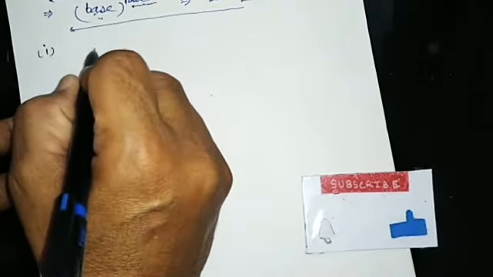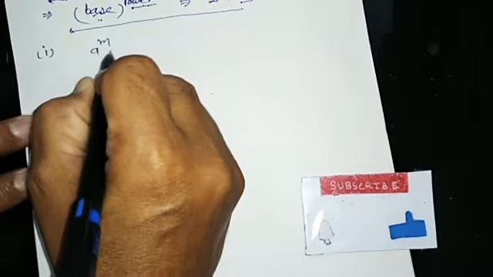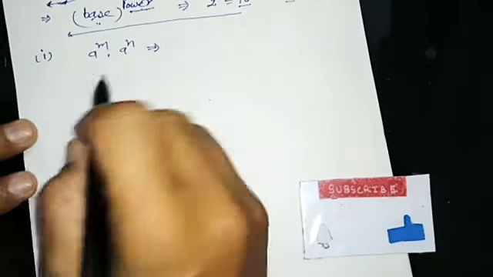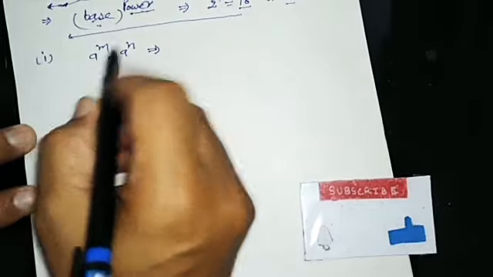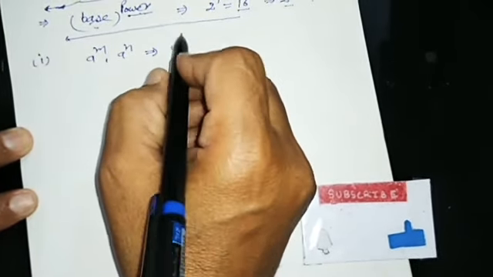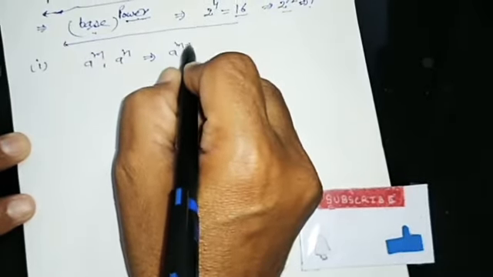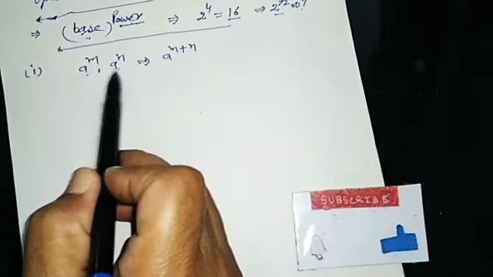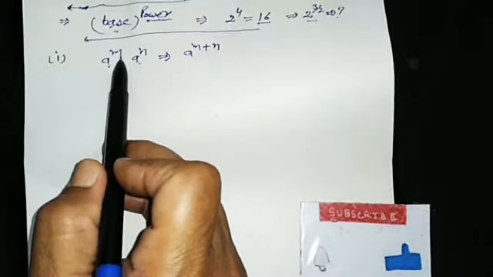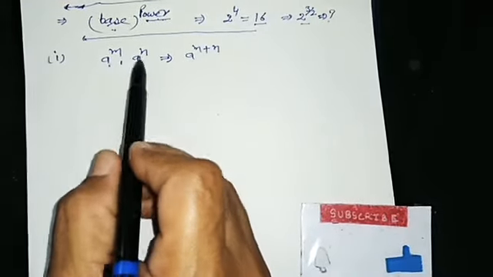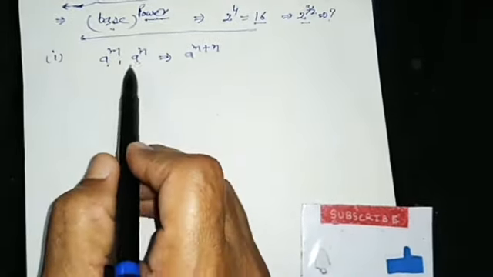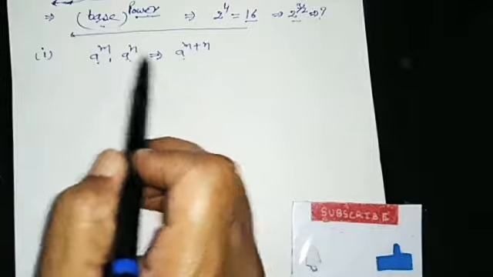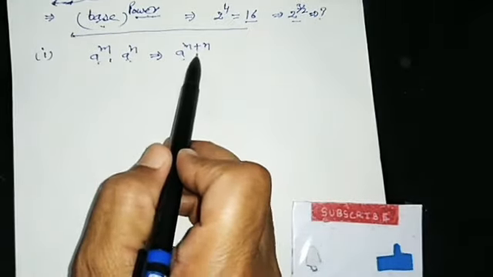If you have the same base and the same or different powers, and the operation is multiplication, then the base stays the same, that is common, and the powers add. Whether the powers are the same or different does not matter, but after the operation we get a single index: base a and power m plus n.